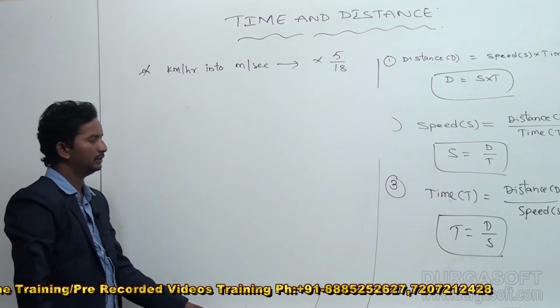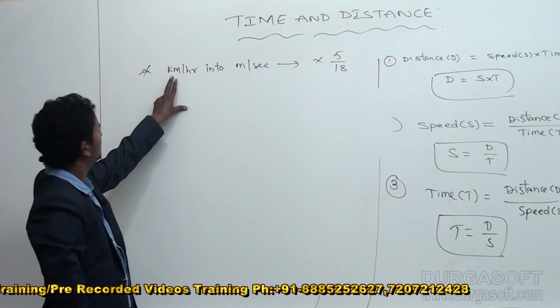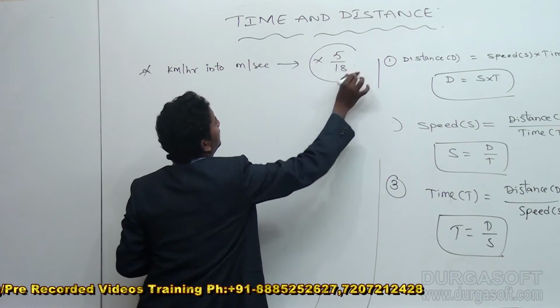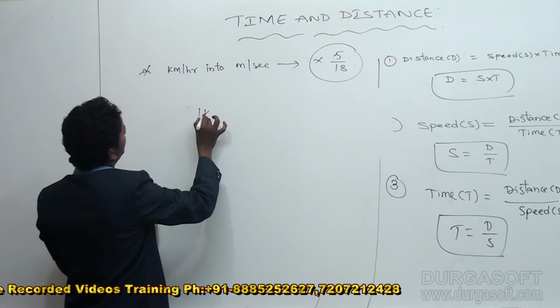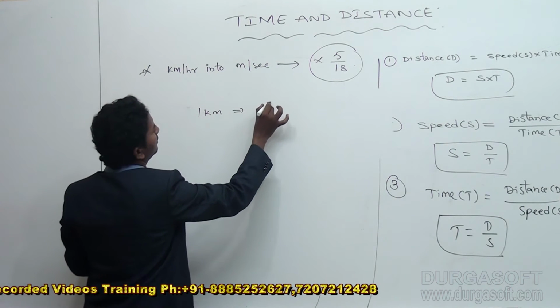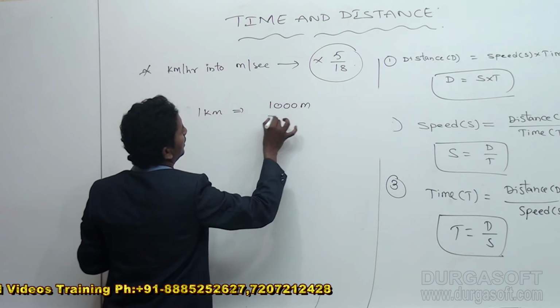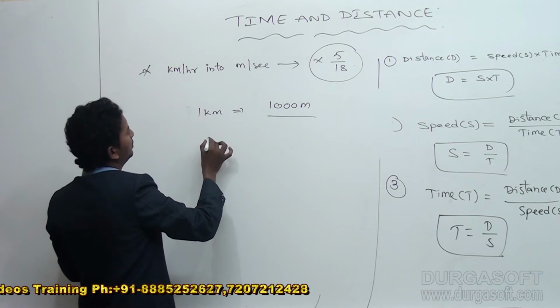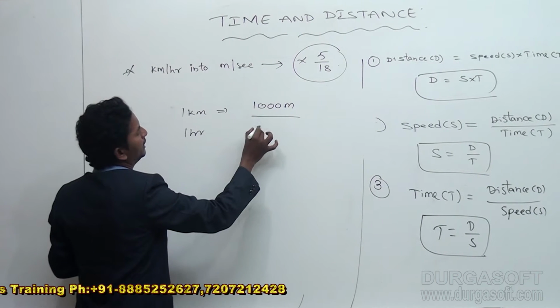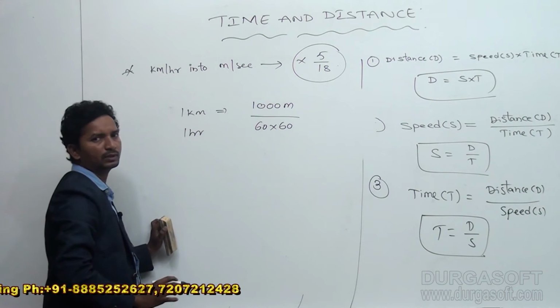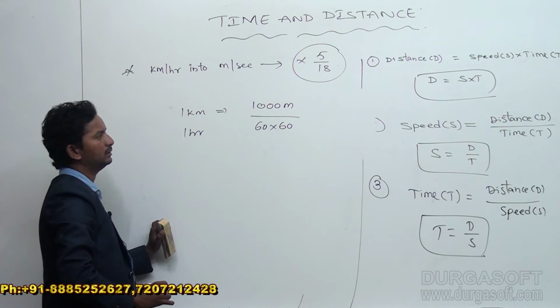Why am I multiplying by 5 by 18? 1 kilometer is equal to 1000 meters. 1 hour is equal to 60 minutes into 60 seconds, so 60 into 60.